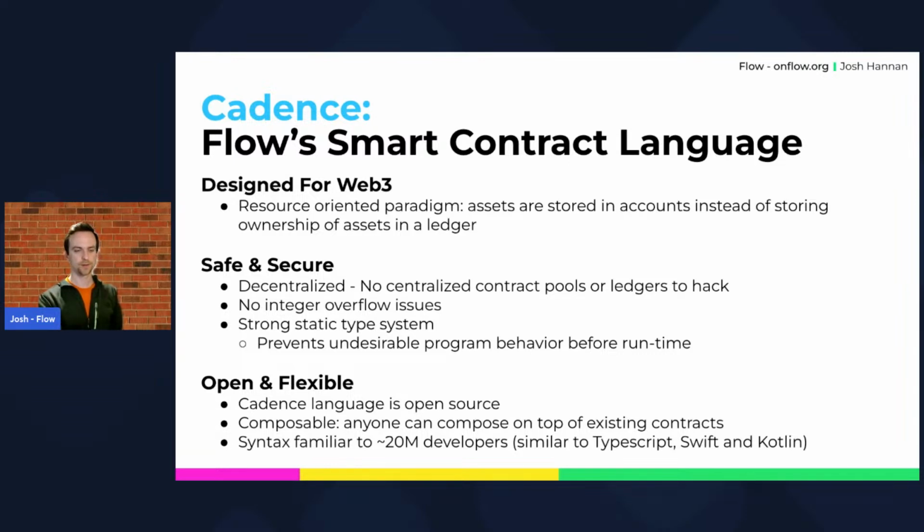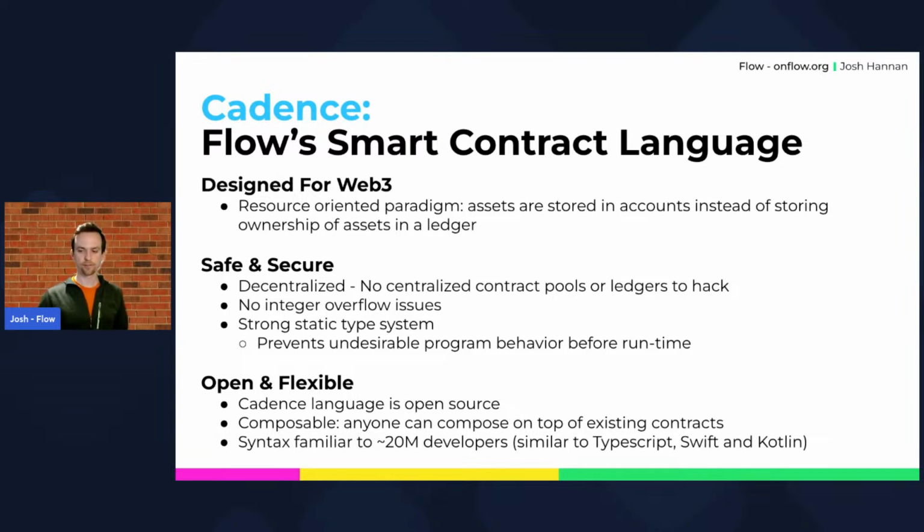So it just makes it so much easier for developers to avoid common mistakes in smart contract programming. And the Cadence language has always been and is still open source.